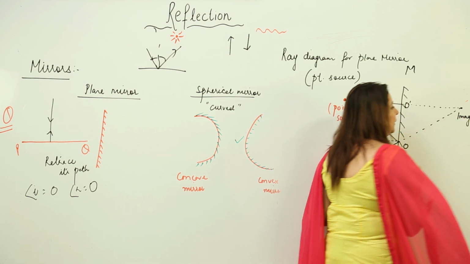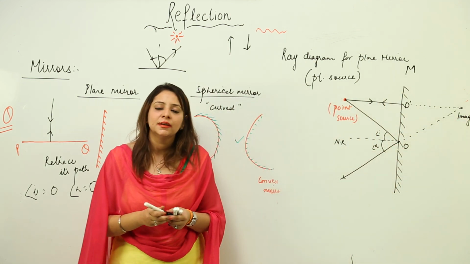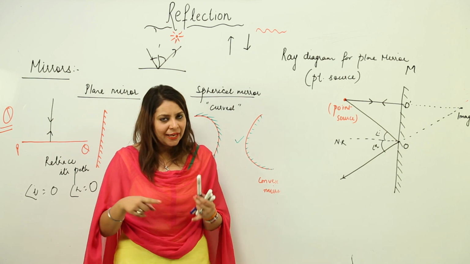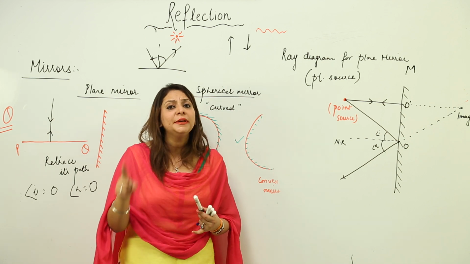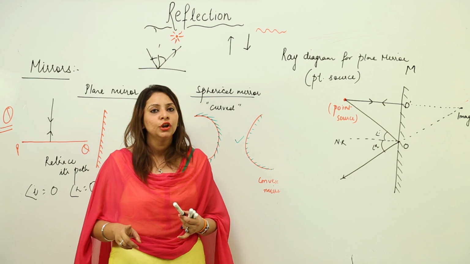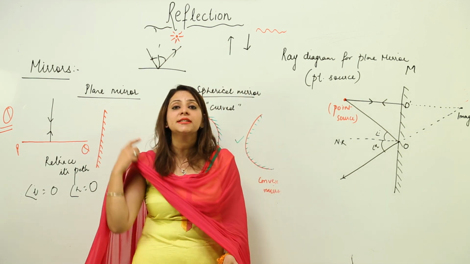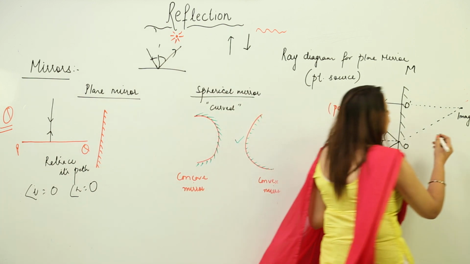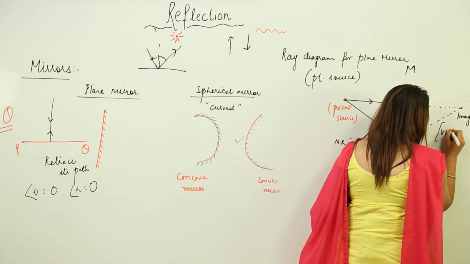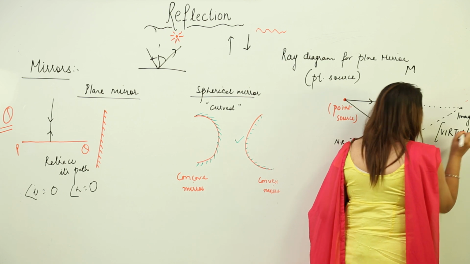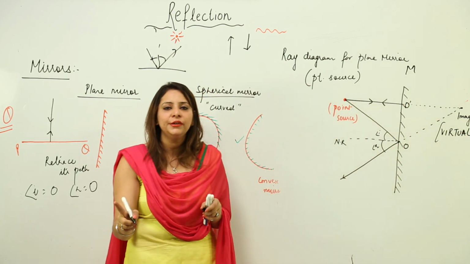This is the image. Now, what kind of image is it? Is it real? Are the reflected rays actually meeting, or do the reflected rays just appear to meet? They are not actually meeting. So we see that in this case reflected rays are not actually meeting, they just appear to meet at a certain point. So this kind of image is called a virtual image. I think you got it now, the difference between virtual and real.